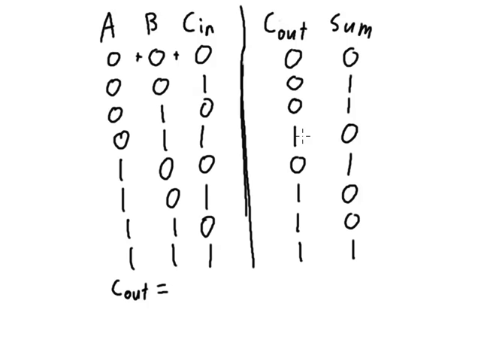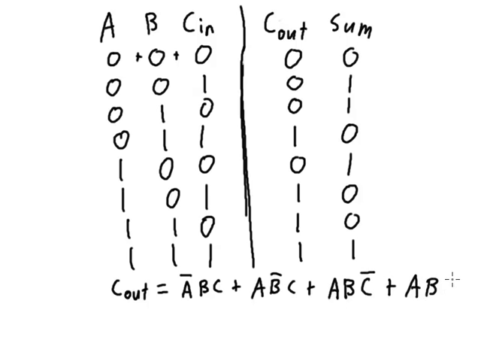So we look at all the rows where the C out is a 1, and put together the product expression. So the first one is not A, B, C, ORed with A, not B, C, ORed with A, B, not C, ORed with A, B, C. I guess I should be calling these C in, not just C.